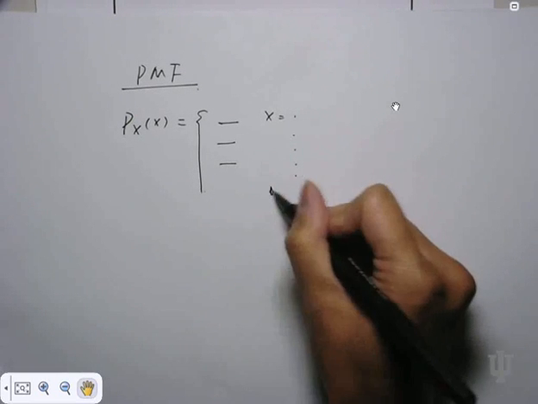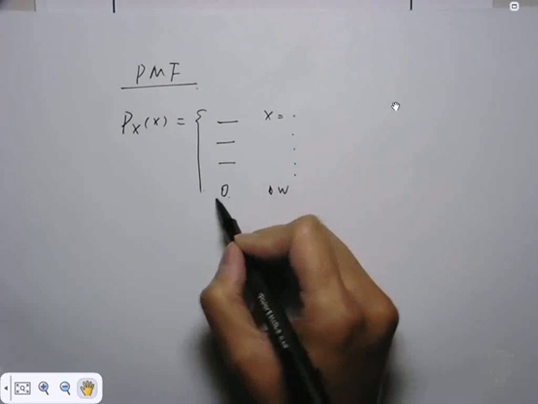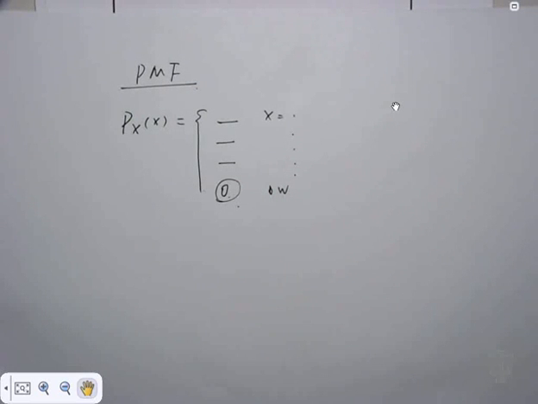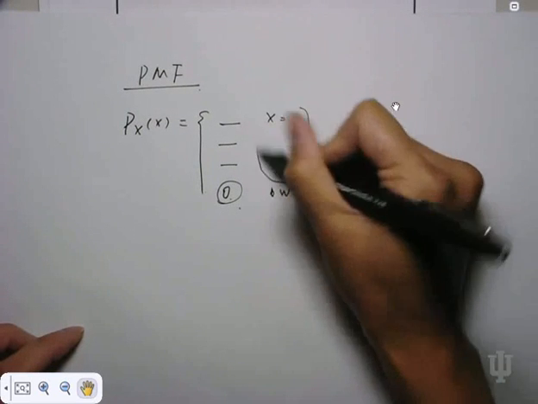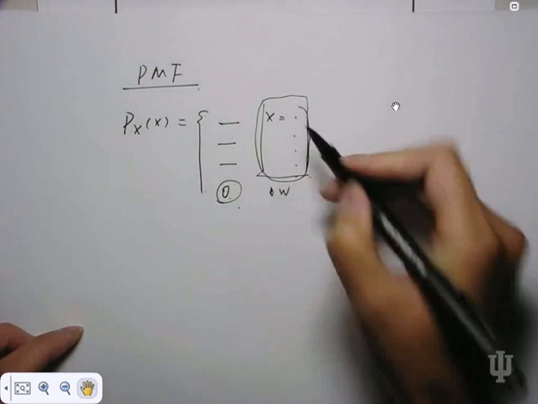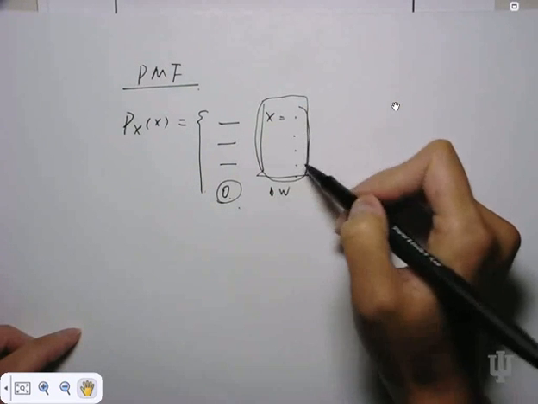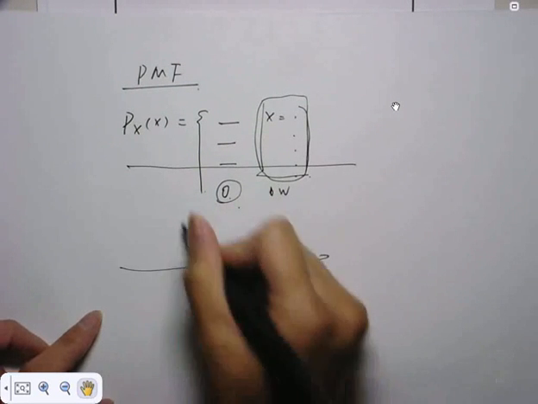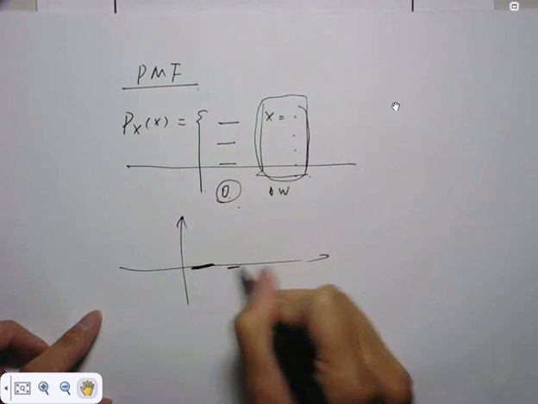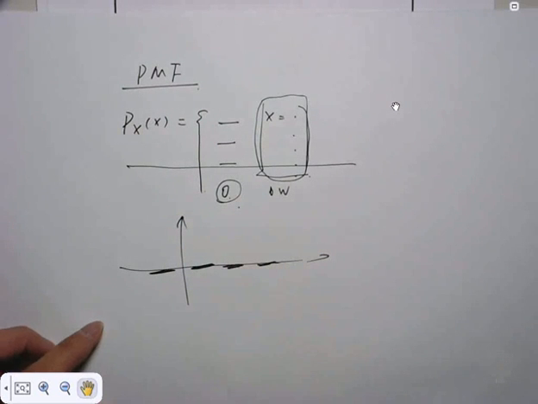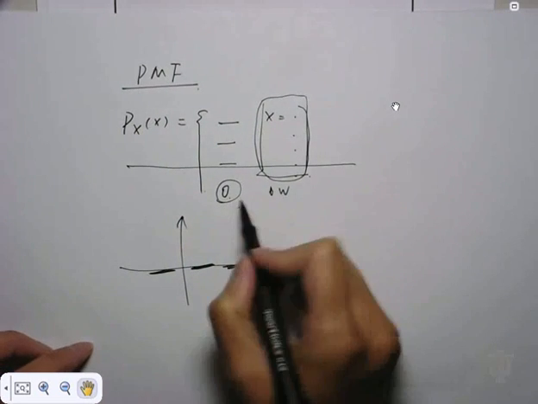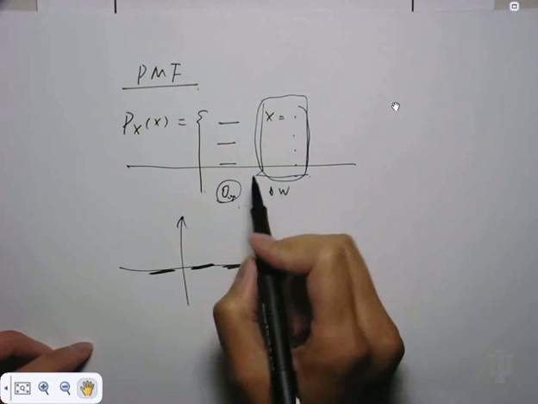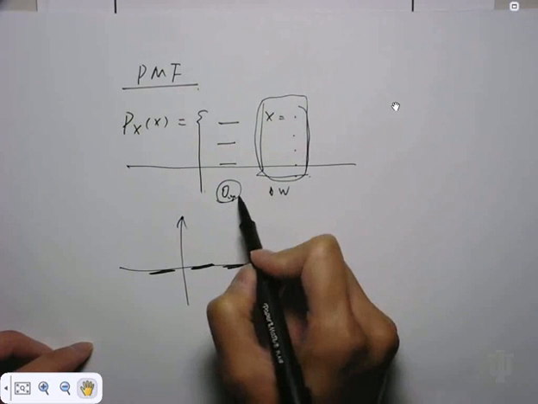Otherwise, 0. This 0 is not a number of your random variable. This is the probability. So basically, you list all the possible values x can take here, and you add a 0 here to show if you still remember those parts. Okay? So this is not the probability. I saw you make such mistake.